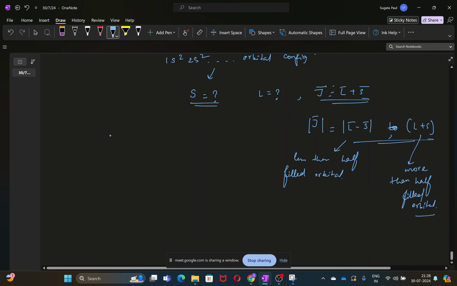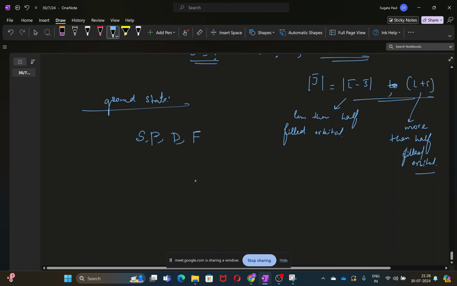Also, the ground state will be written with these different values, like it can be S, capital P, capital D, or capital F. So how are those defined?